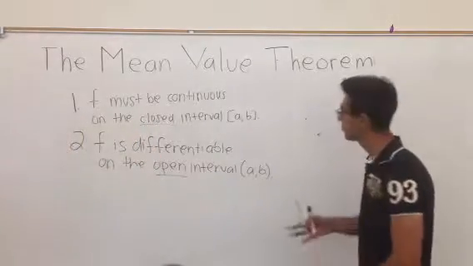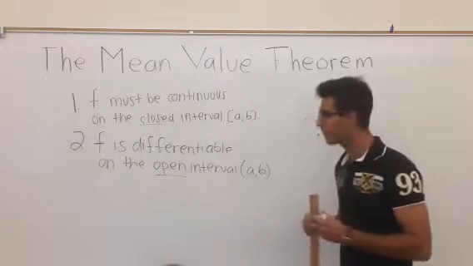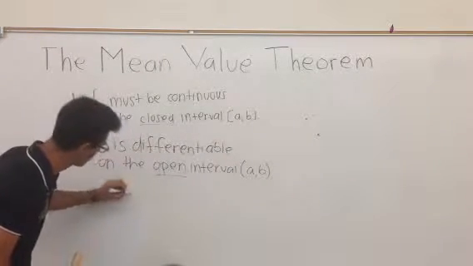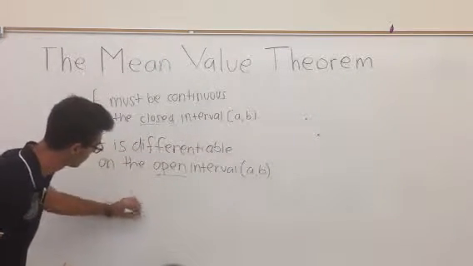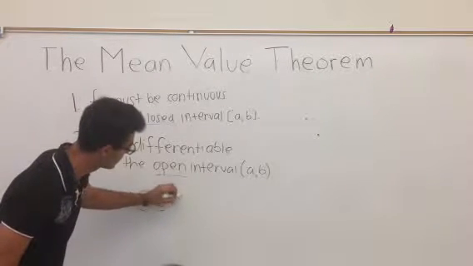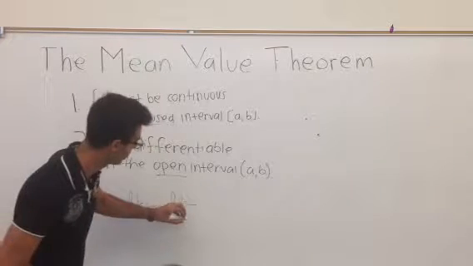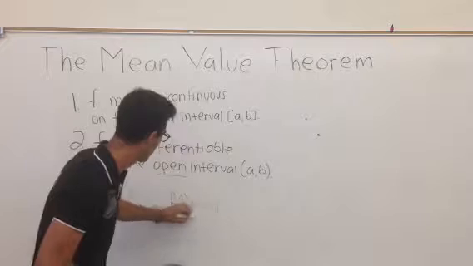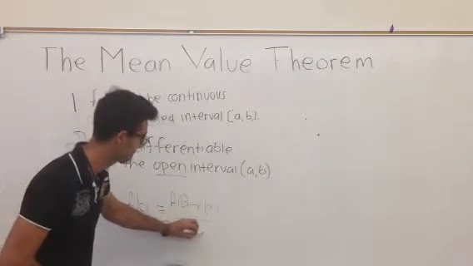So to conclude the mean value theorem, we should first write the following down. F prime of c equals f of b subtracted by f of a, over b minus a.